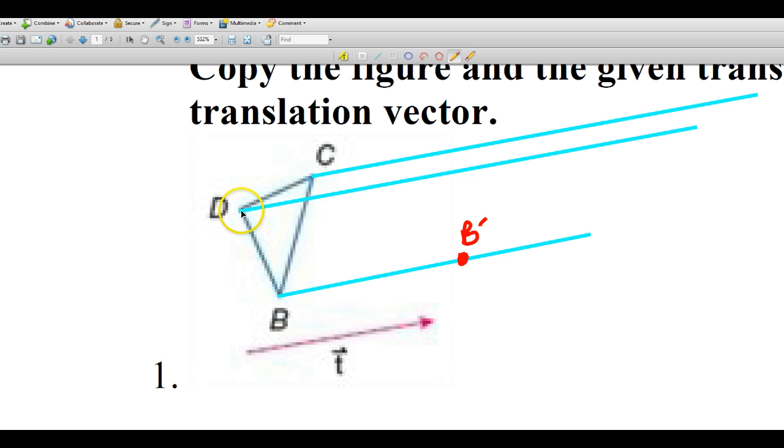And likewise for D, measure this distance and copy that distance here. And that same distance and measure here.